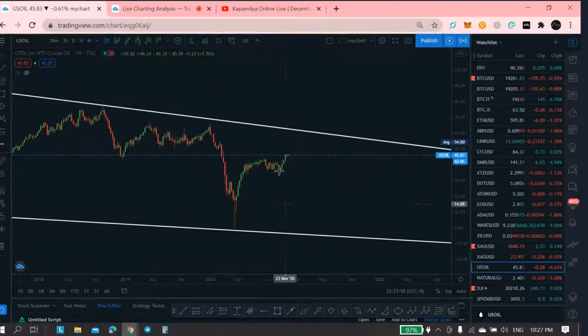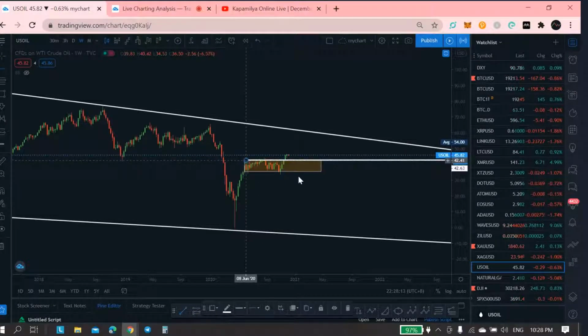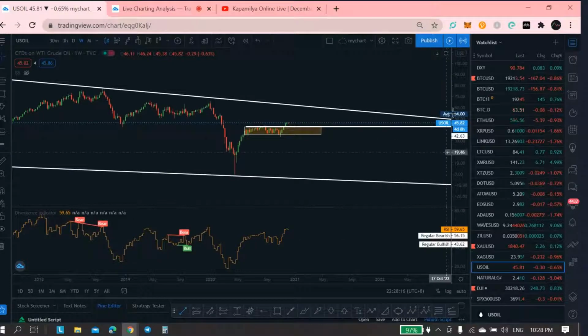This is the consolidation or trendless area, and then it broke out at that area. So of course, I will use this area as the support area, which is the 43 area.